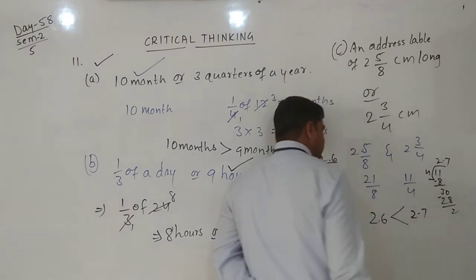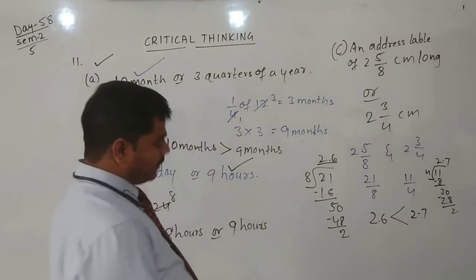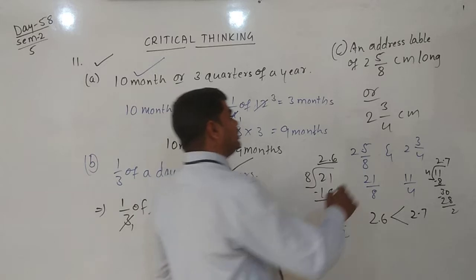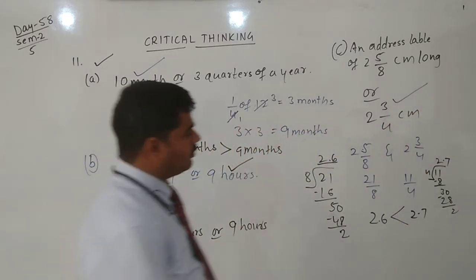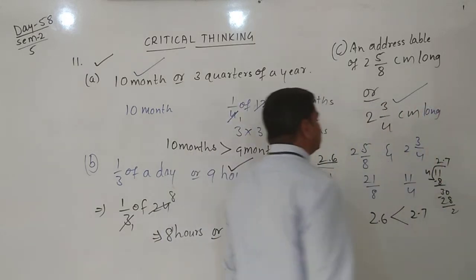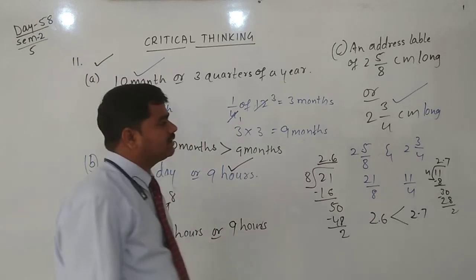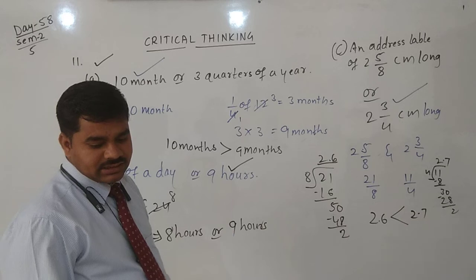Then 2.6 is lesser than 2.7 automatically. Which is longer? This is longer. 2 integer 3/4 centimeter is longer than 2 integer 5/8.